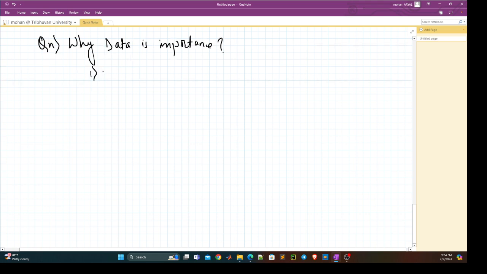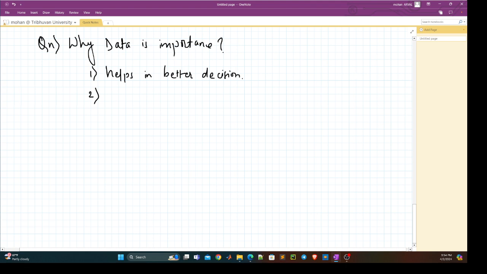First obvious reason is that it helps in making better decisions. This one is obvious, right? It will provide you the best possible algorithm or any other tools or techniques that you can use in order to optimize your performance.